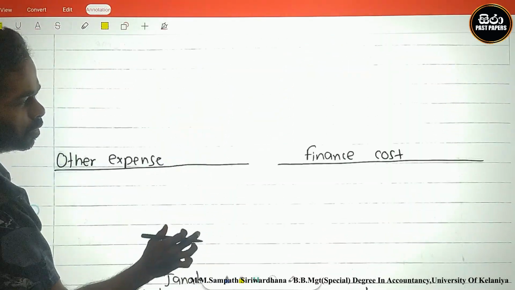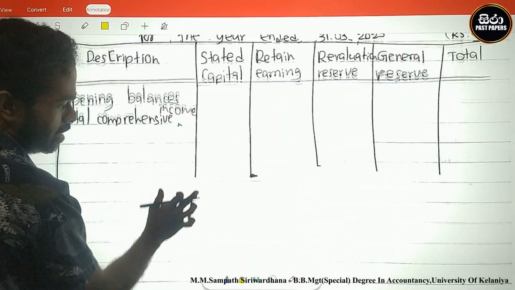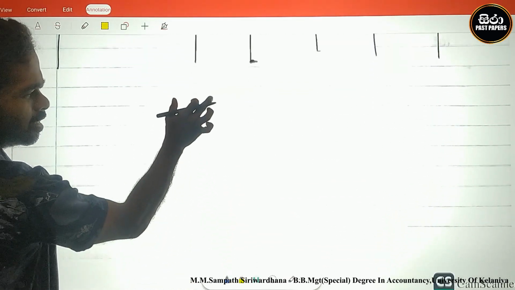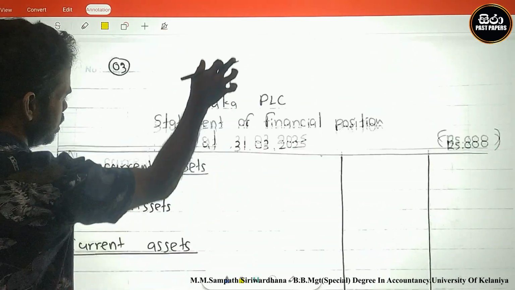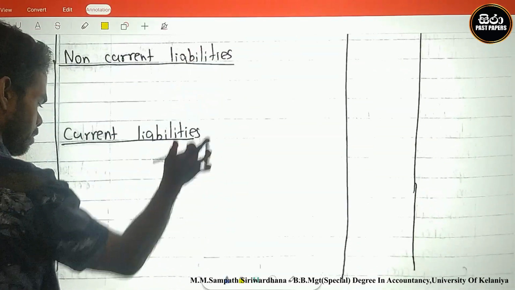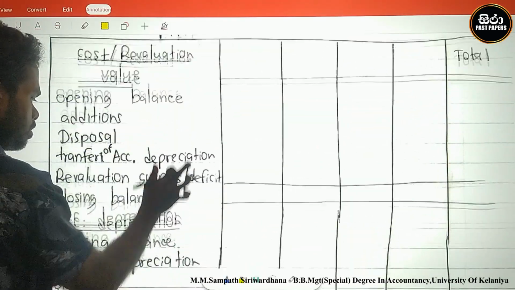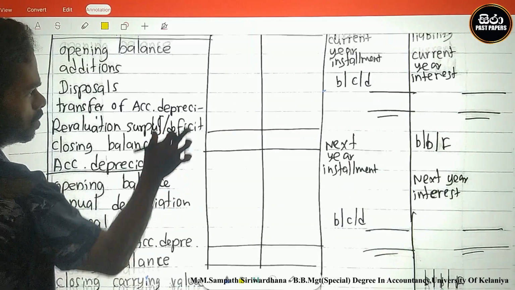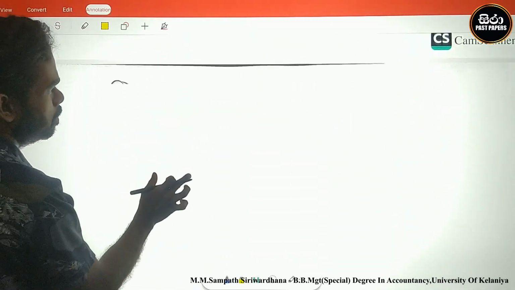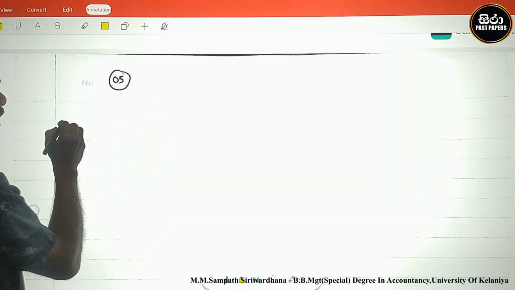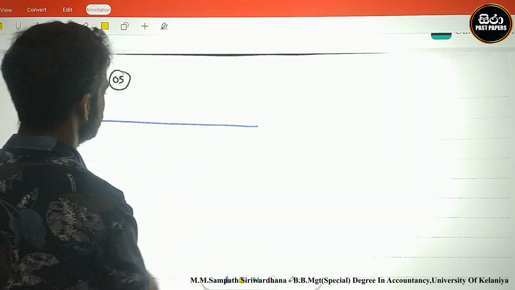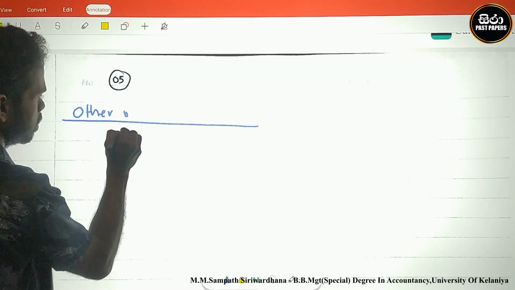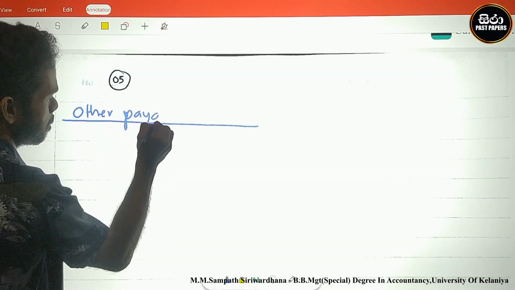Therefore the other payable note should be created on this side, no? Changes in equity or a new page. I get a new page, page number 5. Look here, page number 5. On page number 5, I create a note for other payables.